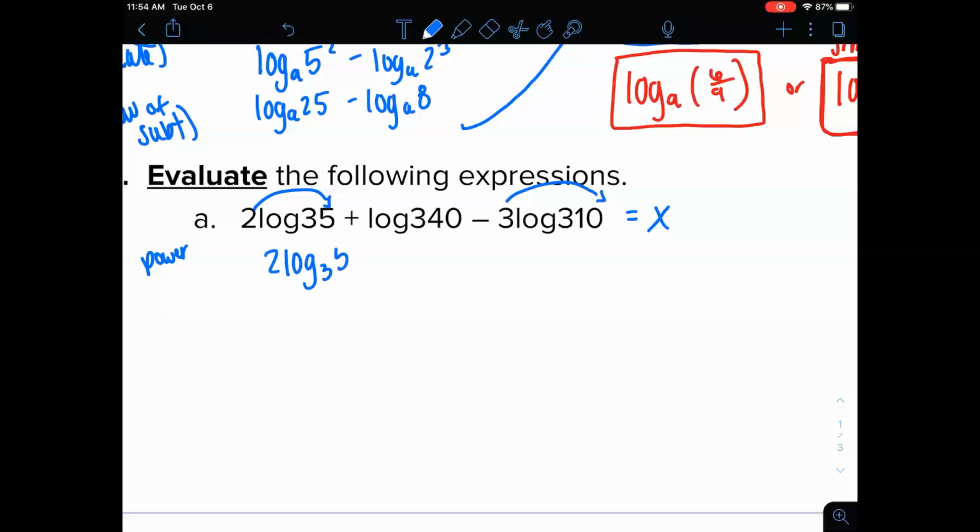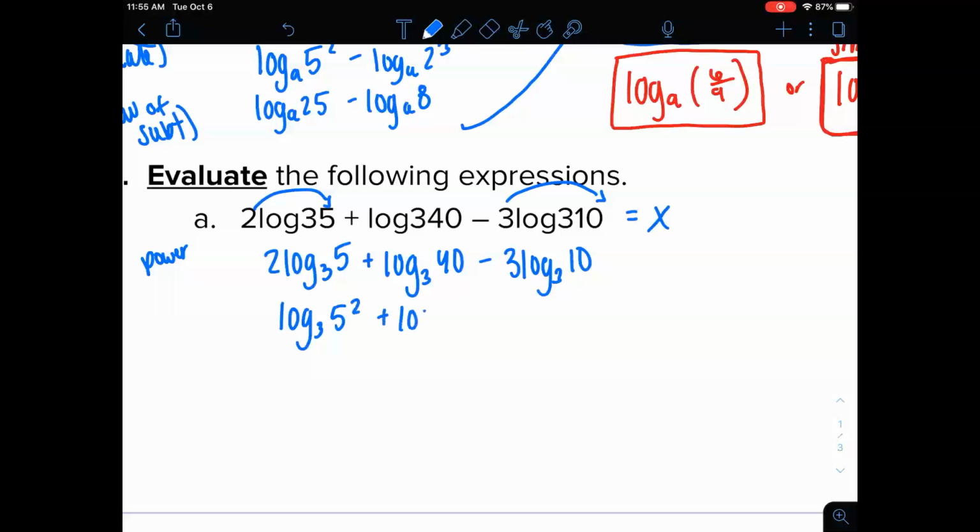This should have been log base 3 of 40 minus 3 log base 3 of 10. Okay, apologies. So, same thing though.